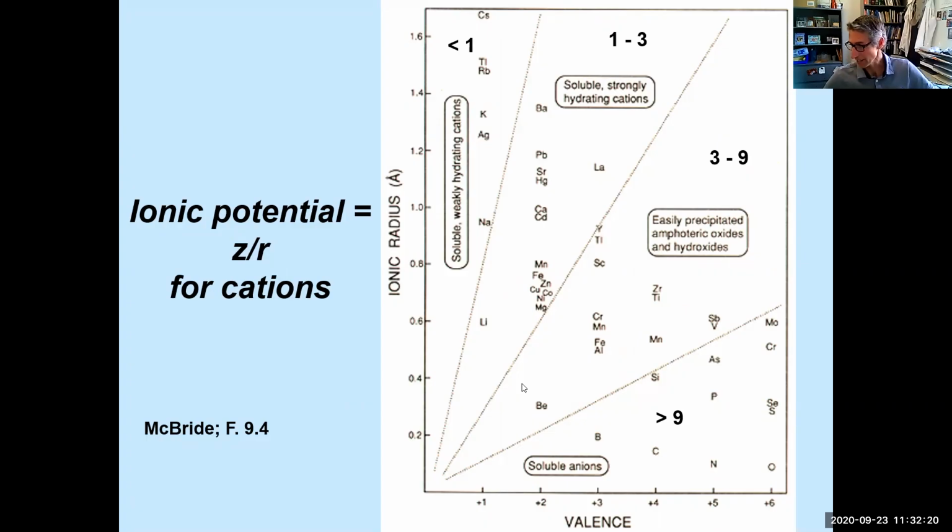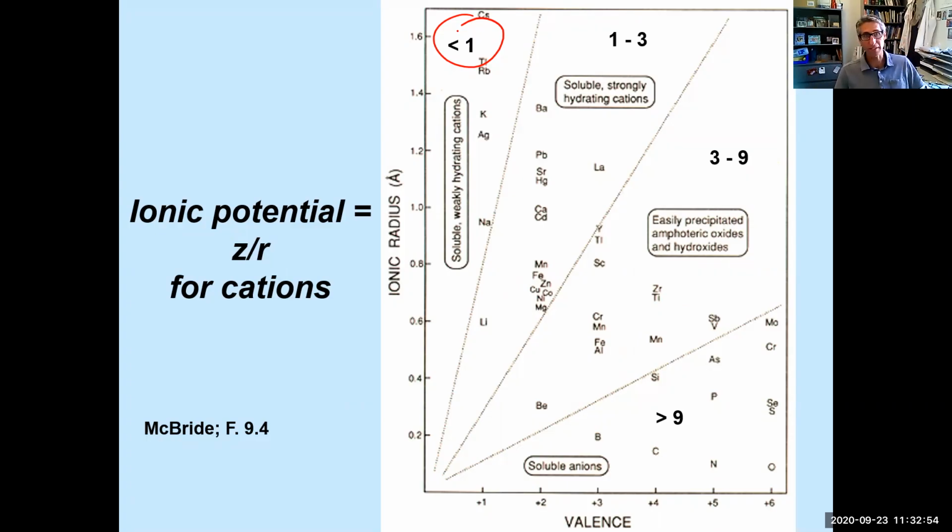Ionic potential can be related to the mobility of our cationic weathering products. If we have an ionic potential of less than 1, things that fit into this category are potassium, calcium, and sodium. Those are fairly soluble in the soil environment. Weakly hydrating just means that when they're in the soil environment, because they're charged, they pull water molecules towards themselves, and we'll talk more about that later.